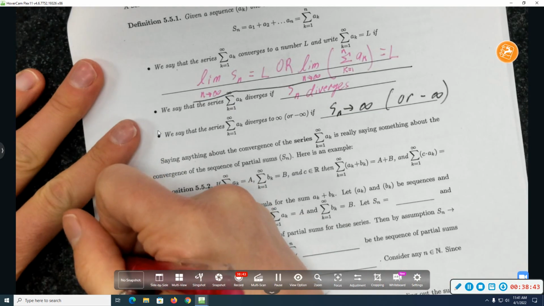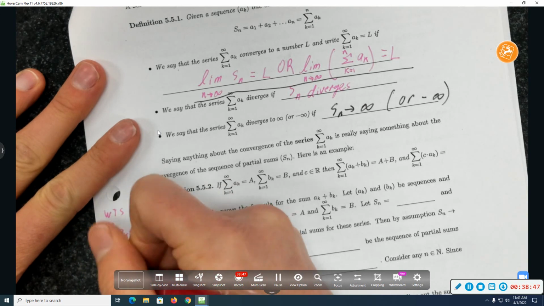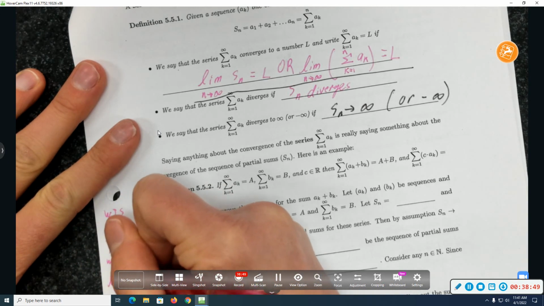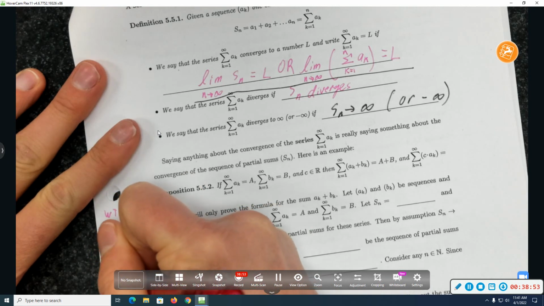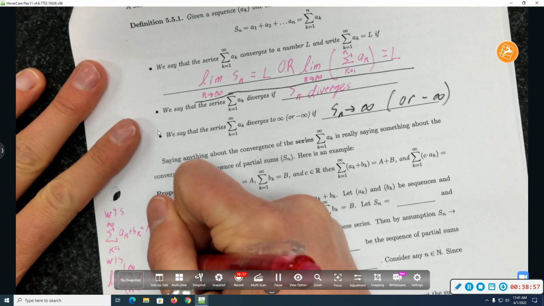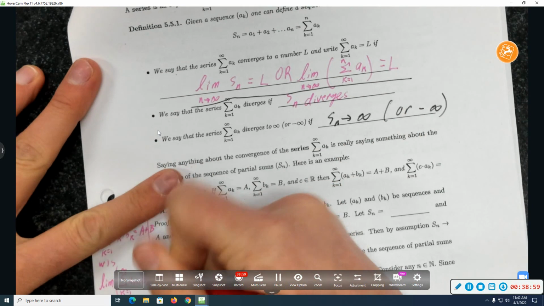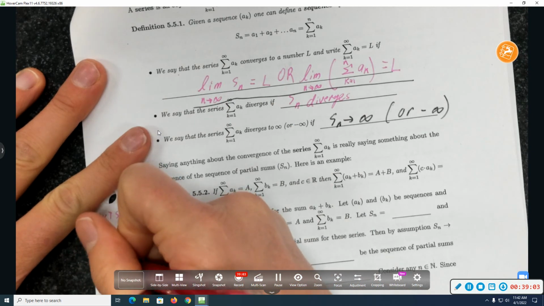So I really want to show that the limit of that. I shouldn't actually write in the space that I have set aside for the proof. And there should be an n there.